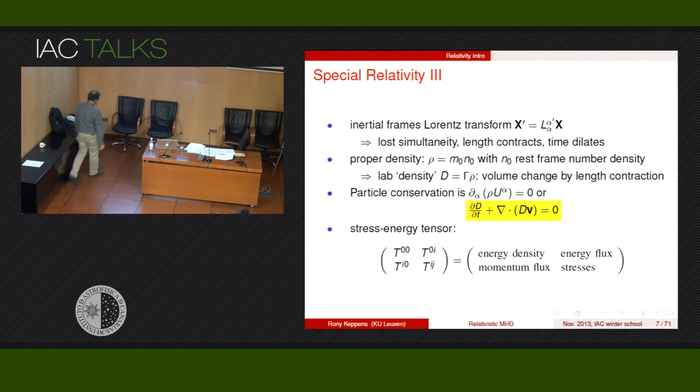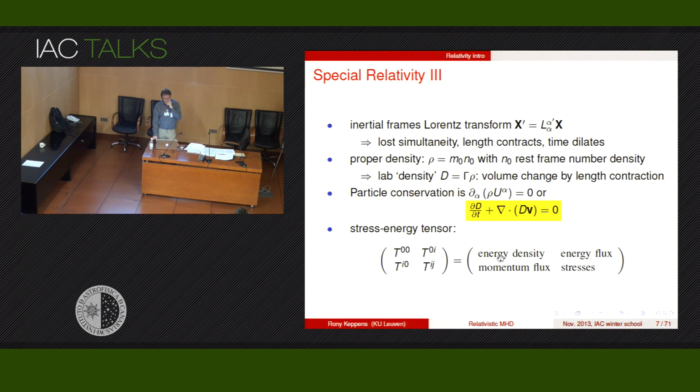Okay, but now I can no longer speak separately of momentum and energy. I have to combine that in a 4-dimensional stress energy tensor, okay? So now the stress energy tensor has, I'm always going to try and split things that are happening in space from things that involve the temporal dimension, all right?